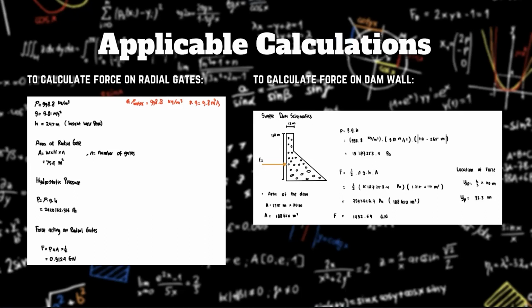We get that the area value is 188,160 square meters. Then we search for the force held by the dam, and by my calculation the value is around 1,432.54 giganewtons.